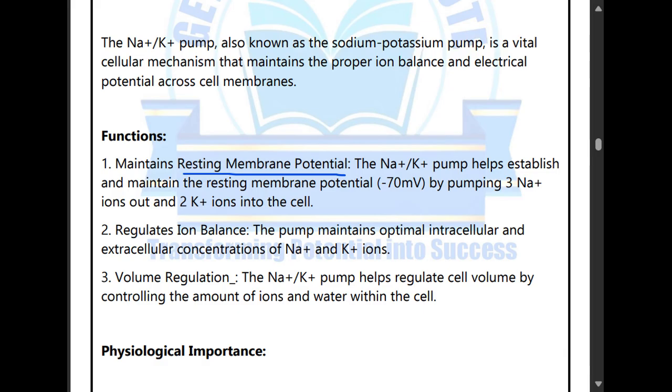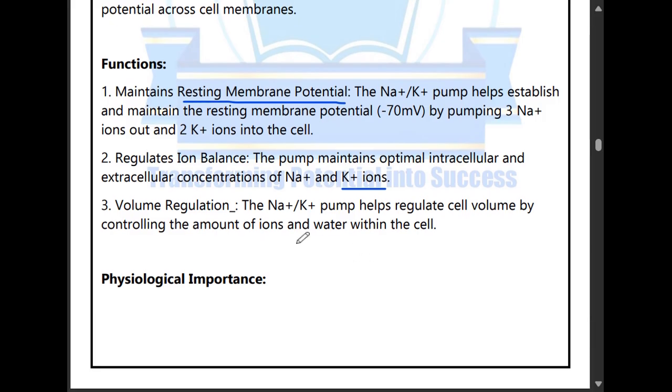By the way, I would also like to mention that potassium ions play a key role in determining the resting membrane potential. Very important. Then it also helps in volume regulation, which I think I mentioned earlier, which has to do with cell volume.